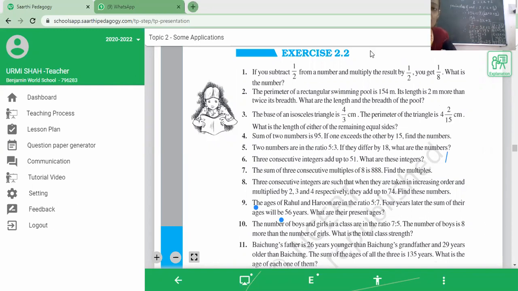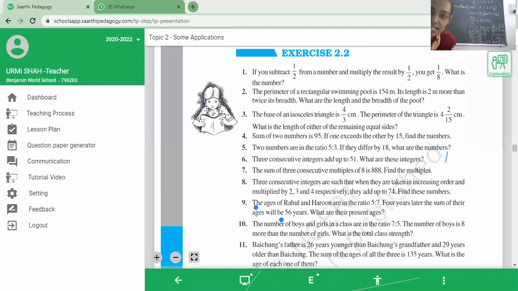Same two sums are given in the workbook, exercise 2.2, page number 9. In the workbook you can solve it yourself. Will you be able to try or not? Just try.